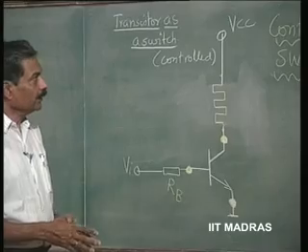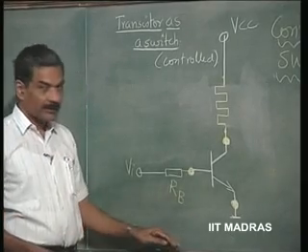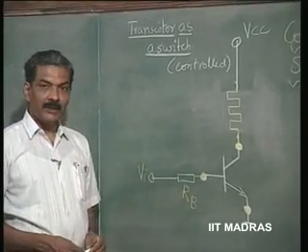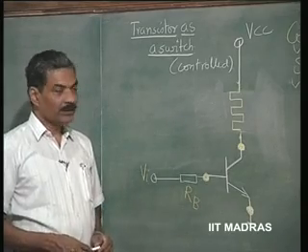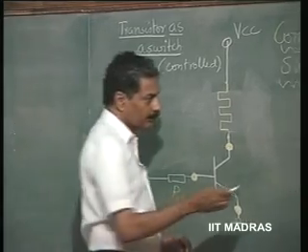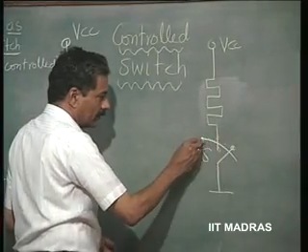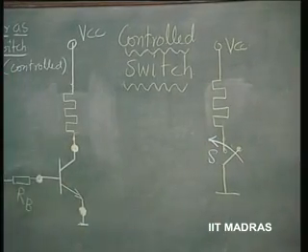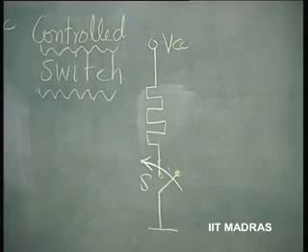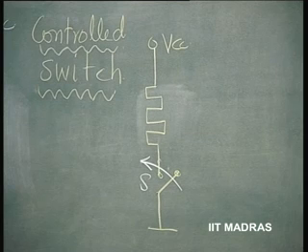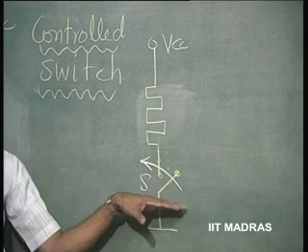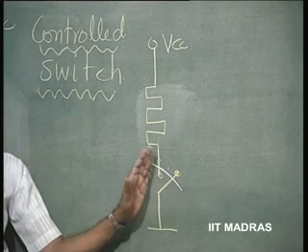Now, we will consider this transistor as a switch, control switch, which is an important function. We want a switch to be closed at our command. Given a command, I want to close this switch, and given another command, I want to open this switch. So, a switch is either an open circuit or a short circuit.